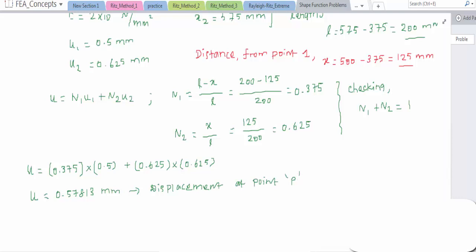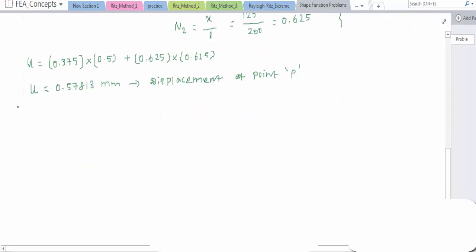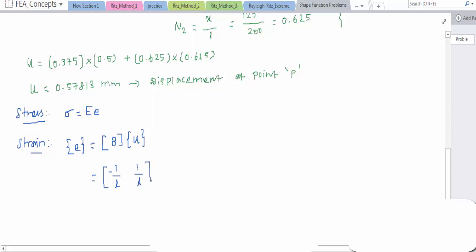Now we have to calculate the stress. We know the formula, stress is equal to Young's modulus into strain. We don't know the strain, so for finding it we calculate strain equal to B matrix into U matrix. From the formula, B equals minus 1 by L, 1 by L, and U can be written as u1, u2.